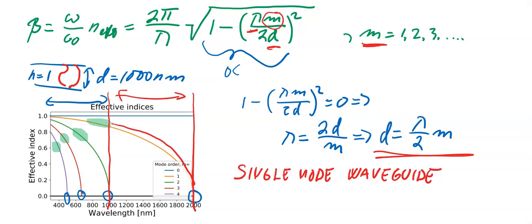And this regime is the so-called multimode regime because any selected wavelength, we have at least 2 possible modes in the waveguide. And let's next take a look, how does the field look like for different effective index values.